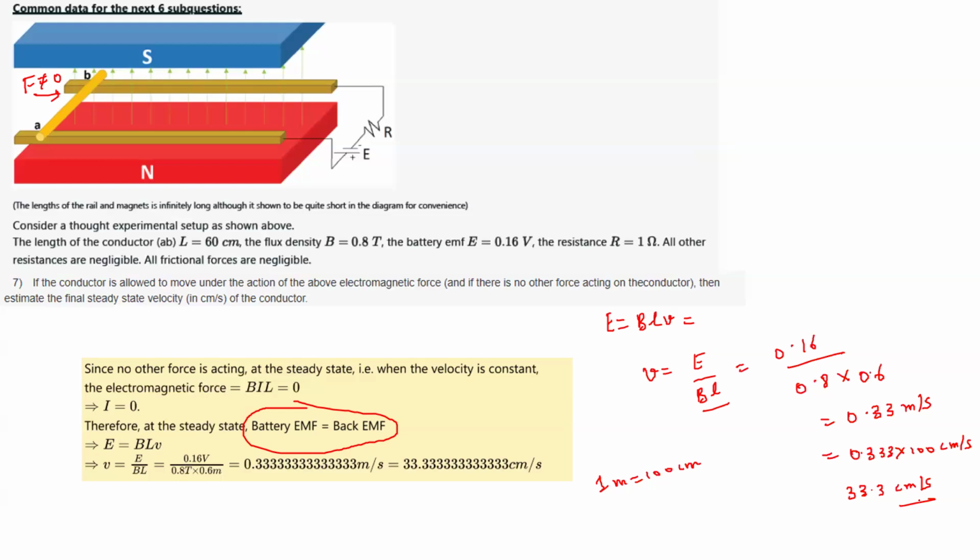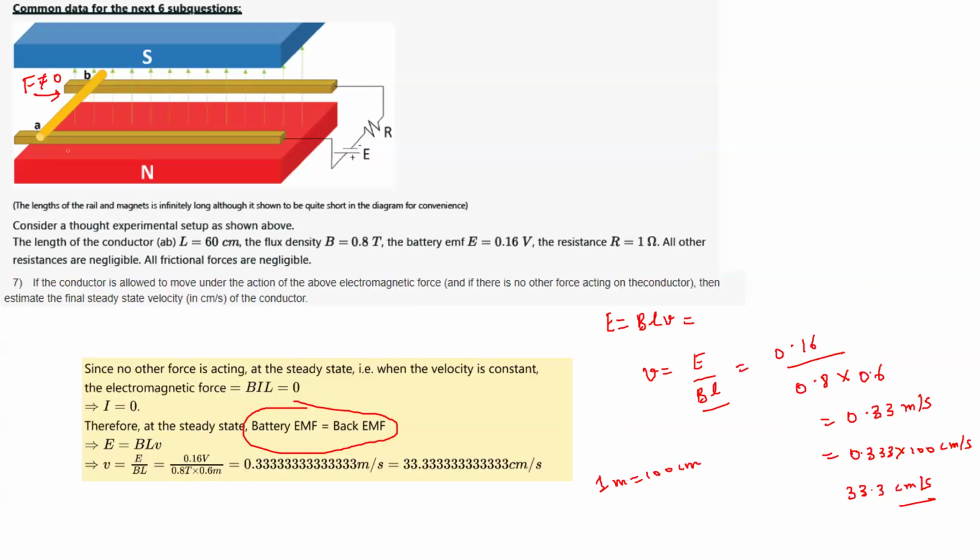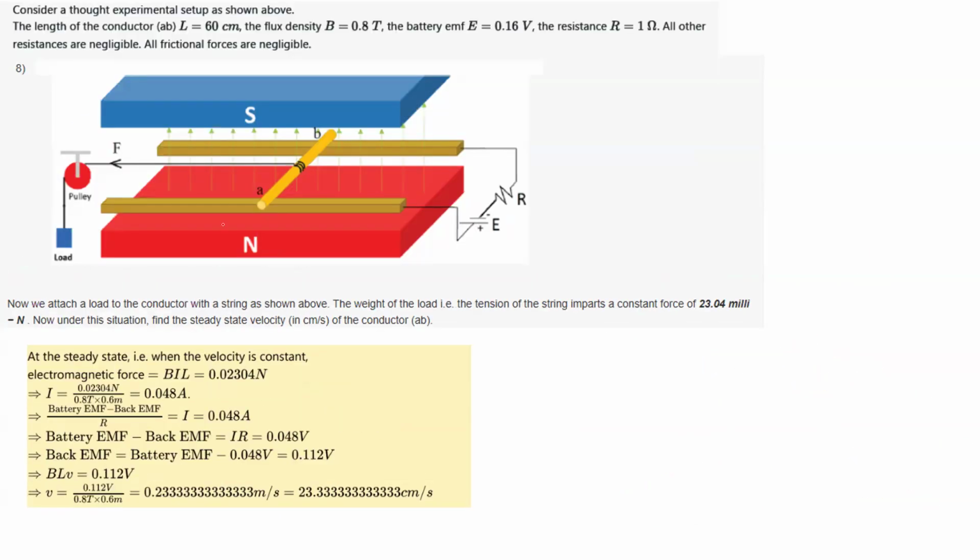Okay, now we move to the next problem. Here we have attached a pulley, so now we are applying some external force. Earlier there was no external force, but now we are applying external force using this pulley.